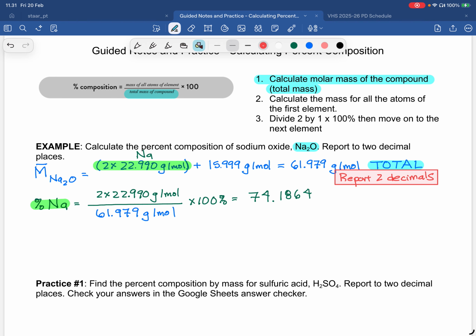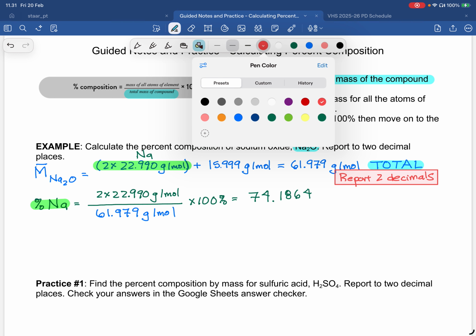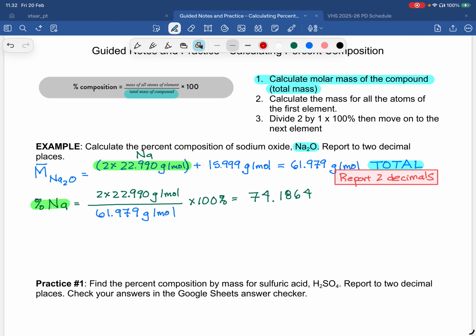All right, so we're going to need to check and see if we need to round this thing. All right, so the way that you do that, I want this decimal place. Okay? So that one right there is the 2nd decimal place. So I am going to look at the 3rd decimal place, the one that is behind it.